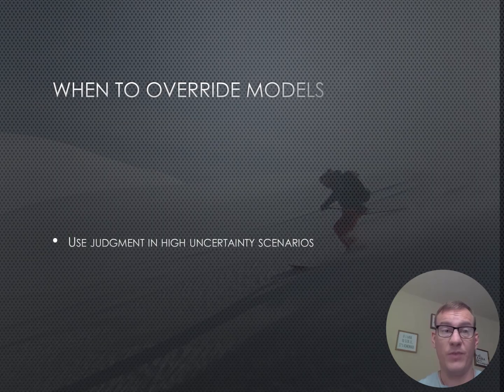And then, talking about when we should override models and go with managerial judgment: in high uncertainty scenarios. I'm going to go back to the Iran scenario with the Strait of Hormuz right now. This is a high uncertainty scenario. We don't know exactly what's going to happen. We don't know how long it's going to go on.